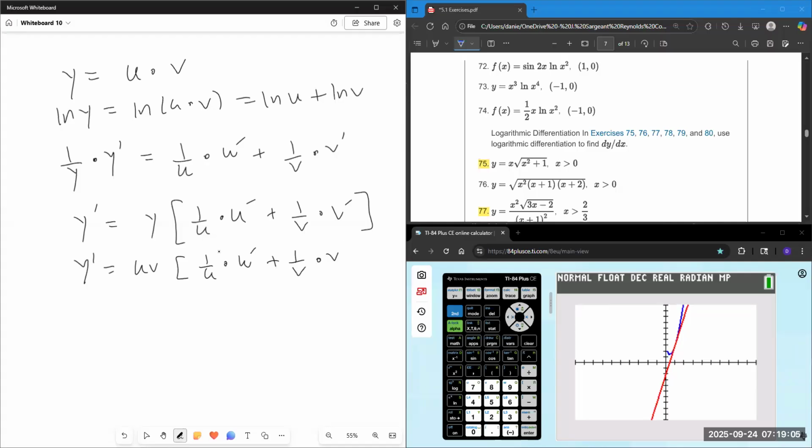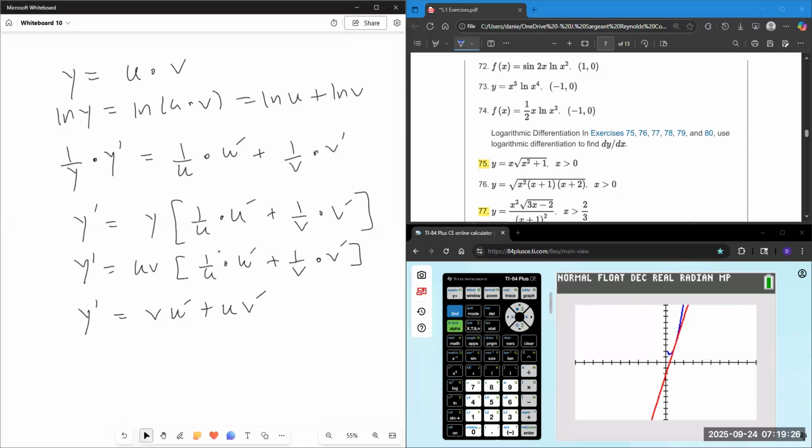And so when I distribute through, the u's will cancel in the first term and leave me with v u prime plus, and the v's will cancel in the second term, leaving me with u v prime. And I think that's the way that the textbook usually writes it.